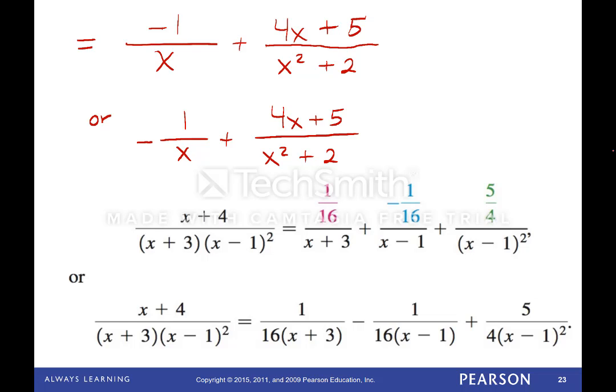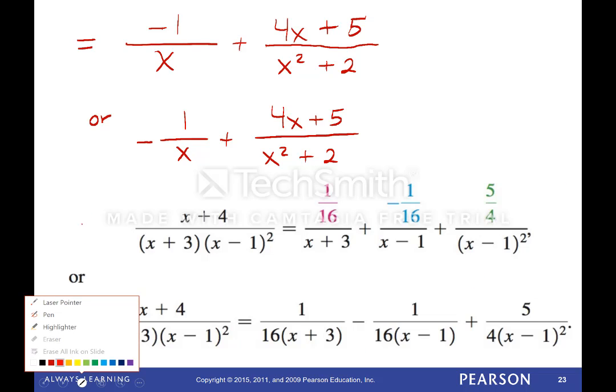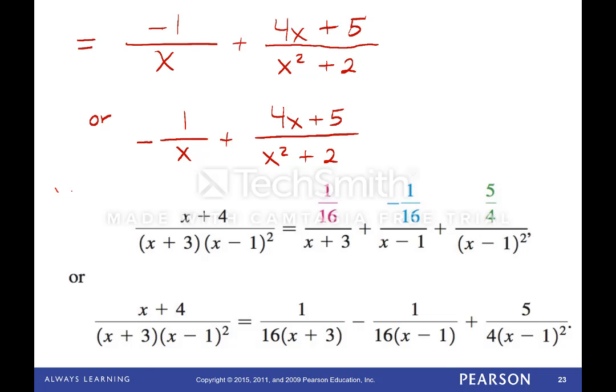Alright, on the example problem number 4, when they got the answer, they got fractions for the answer. This is what I want to show you right here. And so if you get fractions for your answer, this is not part of this, so let me draw a little line here. That was one problem, that's another. If you get fractions for your answer, what you do is that little denominator right there is going to go to the bottom.